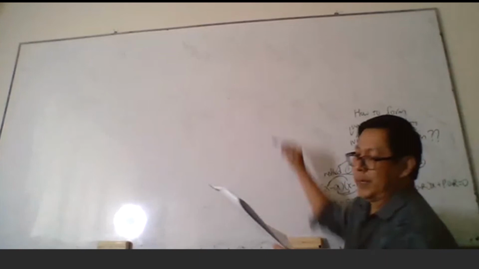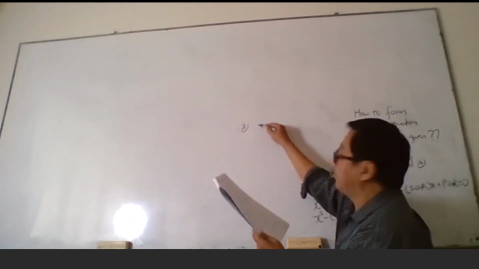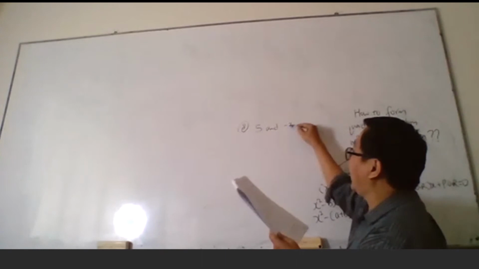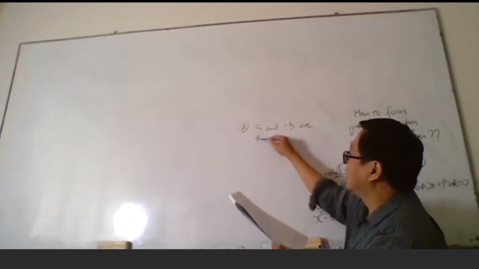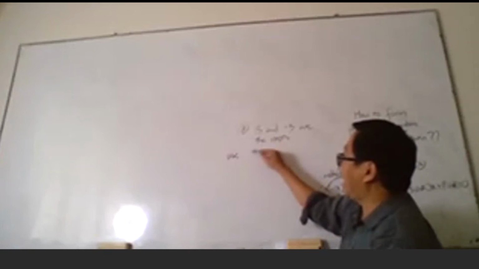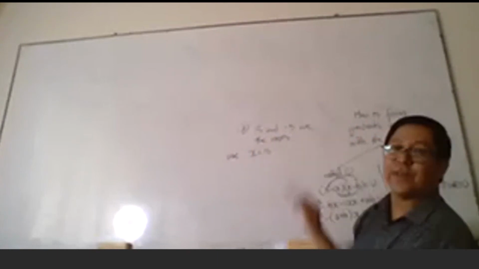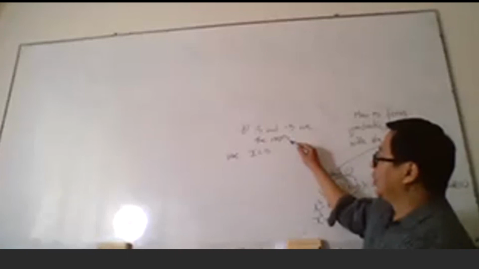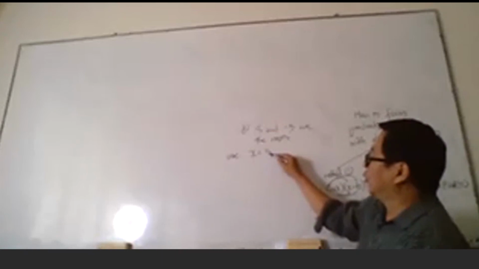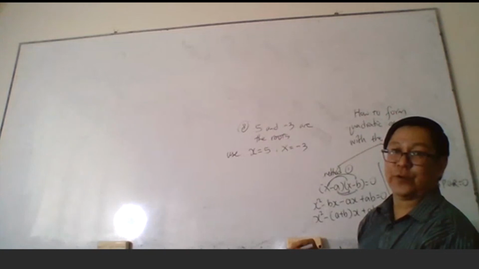Okay, at first I show you method 1. So in question number 8, 5 and negative 3 are the roots. Okay, I'm going to use x equal to 5 because if 5 and negative 3 are the roots, so definitely x equal to 5 and even x equal to negative 3.